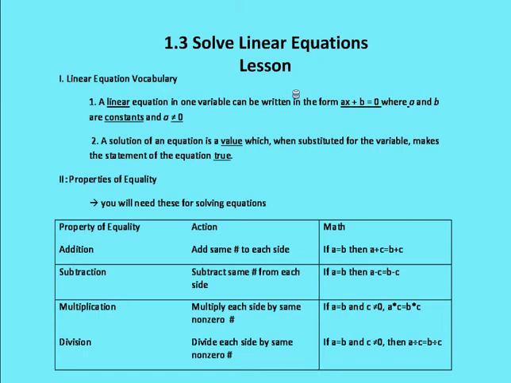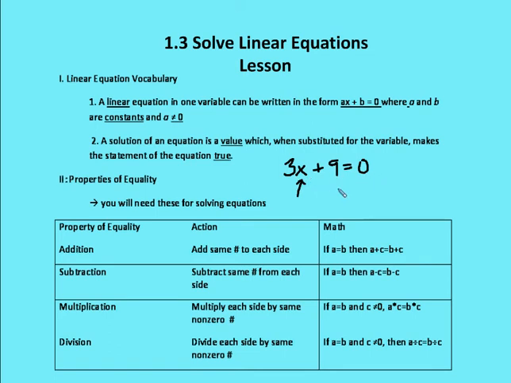So if we had 3x plus 9 is equal to 0, then the solution of the linear equation would be that value, which when substituted for the variable x, makes the statement of the equation true.